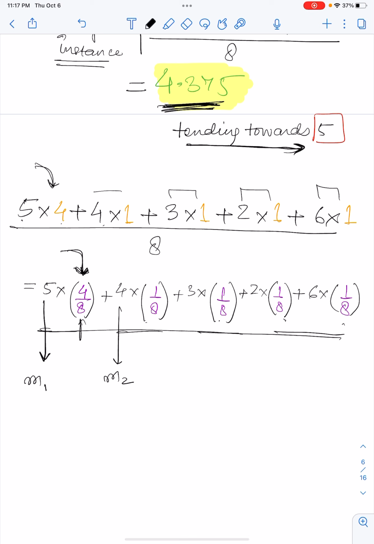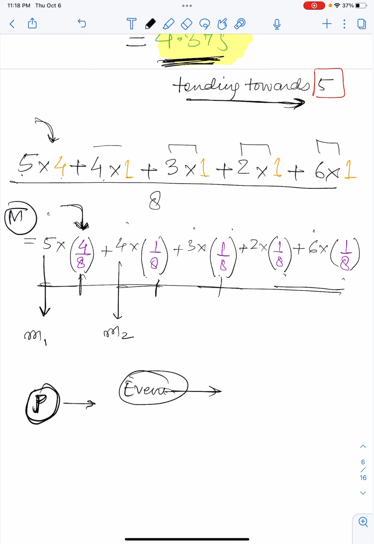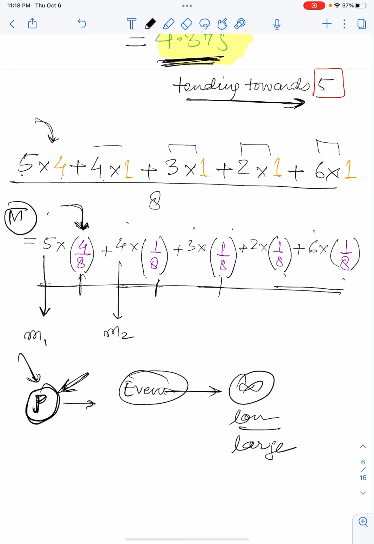And so this is just the probability of these amounts being assigned to this capital M. Why are we saying probability? If an event has a probability P, it simply means that if that experiment is conducted an infinite number of times, or for a very large number of times, then the proportion of that particular event would be P times the total number of experiments that have been conducted.